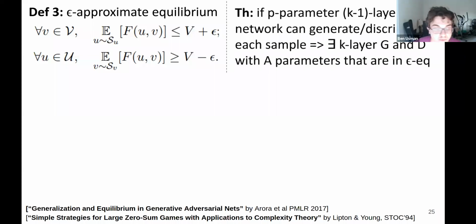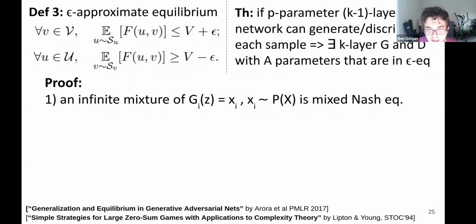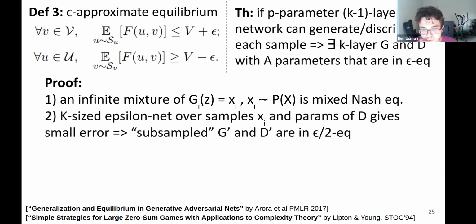approximate neural network solution. So the overall idea of the proof is to first notice that an infinite equal mixture of dumb generators, each generating just a single point from the dataset, gives us a Nash equilibrium because it essentially models the distribution perfectly. Then to notice that we can prune this infinite mixture using the same epsilon nets trick idea as I showed before and get some approximation error that we want.